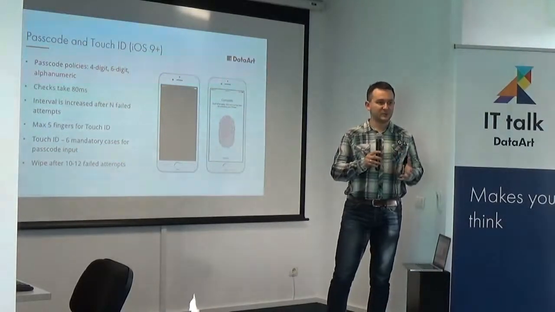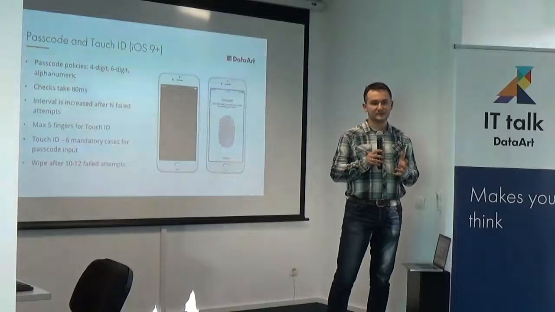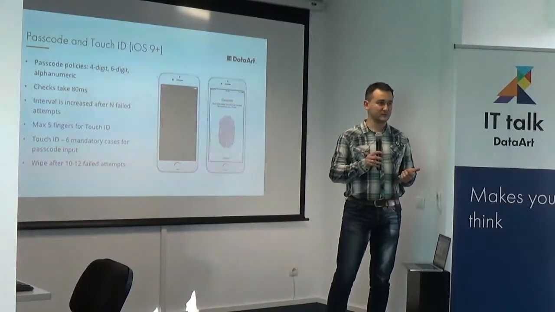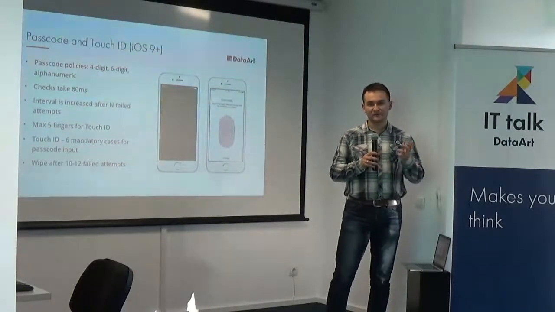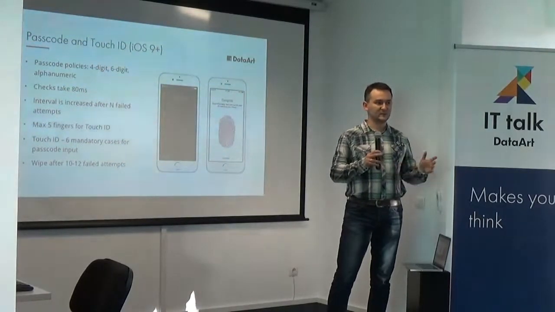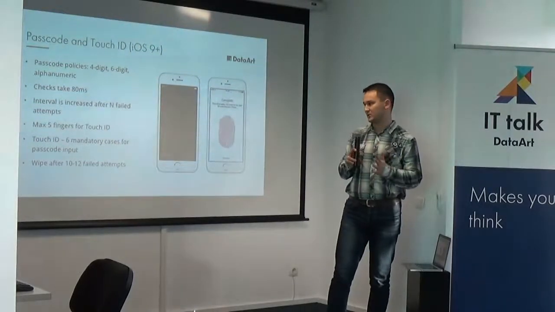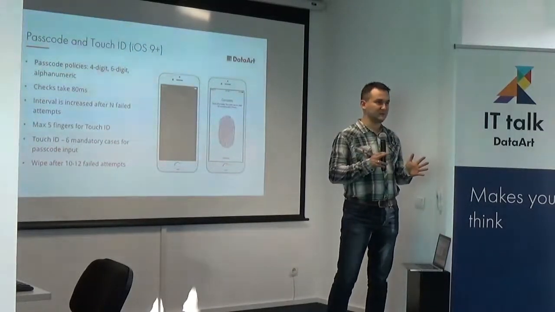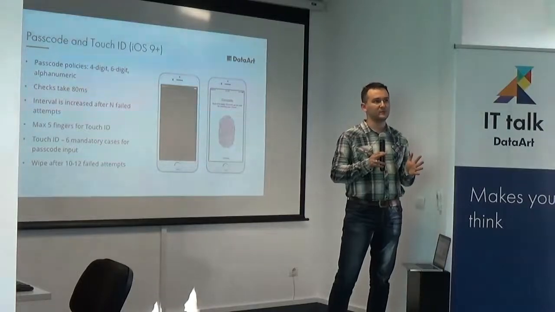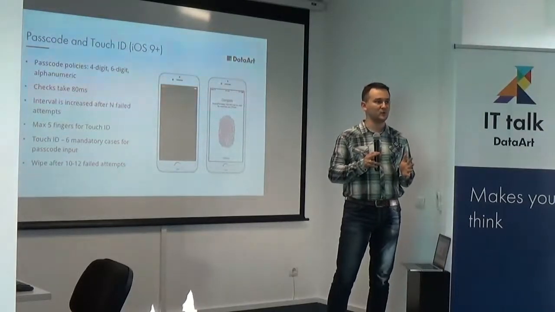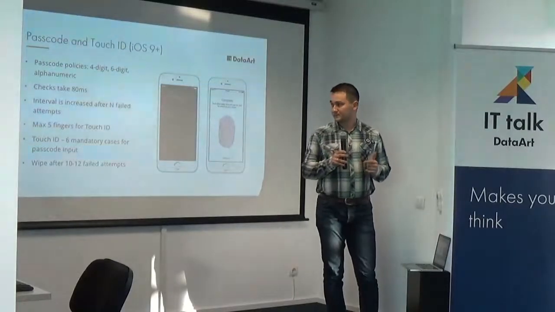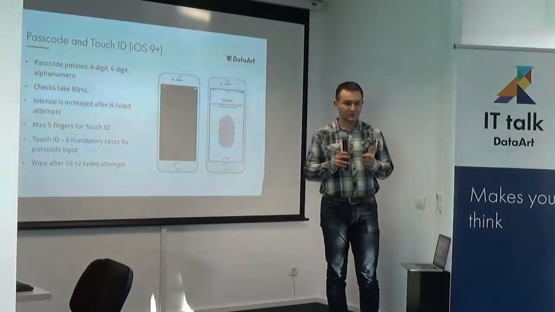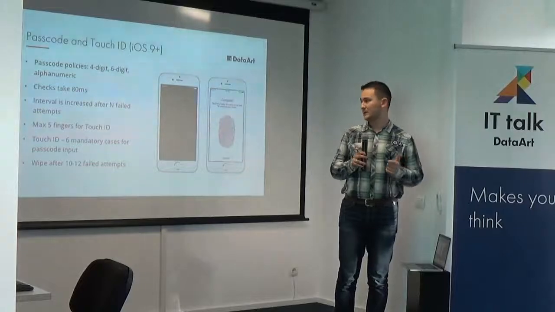Then there is a special algorithm which prevents the passcode from being hacked by brute force. After each unsuccessful attempt, the delay between attempts is enlarged. So after 5 invalid attempts, you may have to wait for 1 or 2 hours or more. By the way, it is configurable via MDM systems.